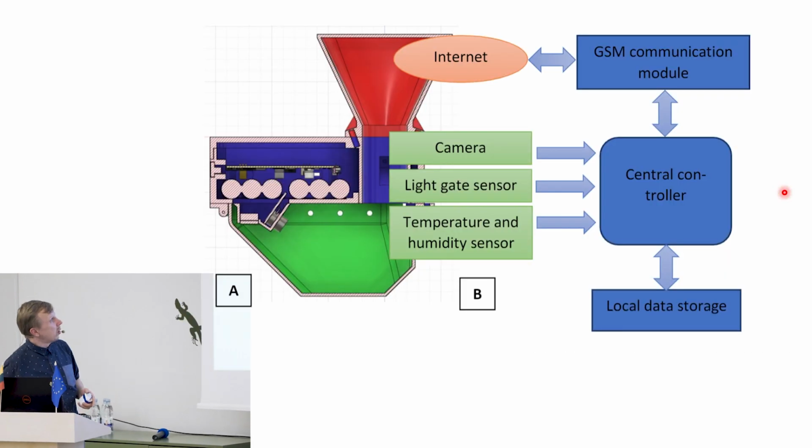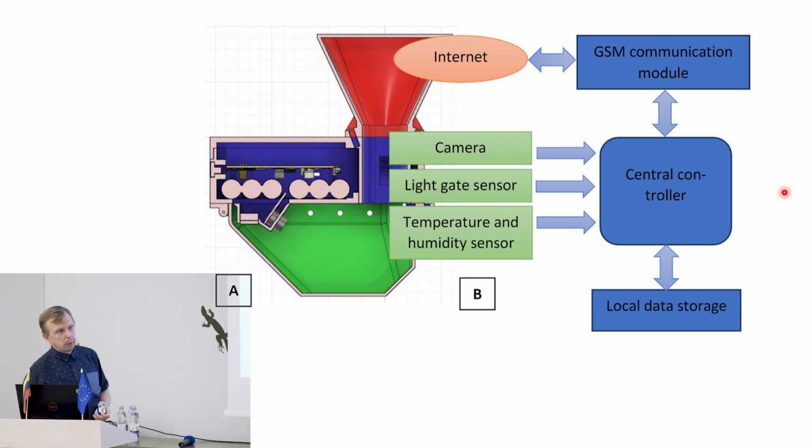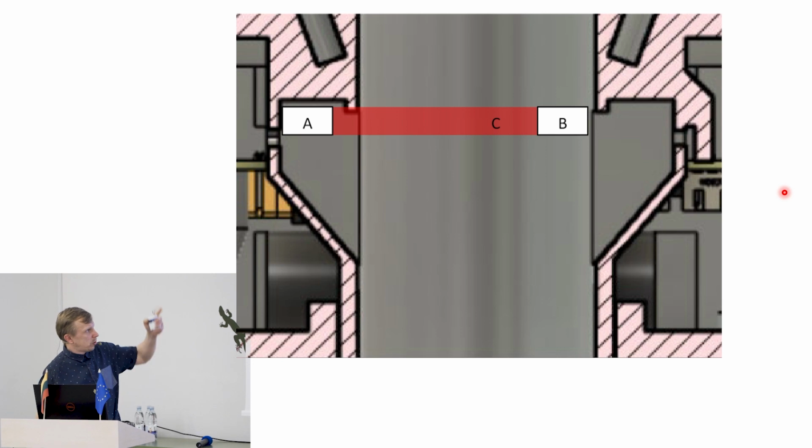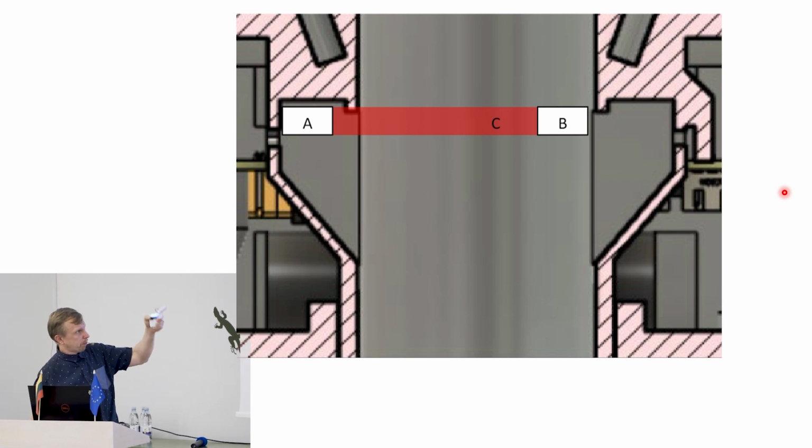This is a picture from our paper about these traps. This is the sensor. When a beetle falls down, this light signal is interrupted, and the trap sends a signal to our data server.